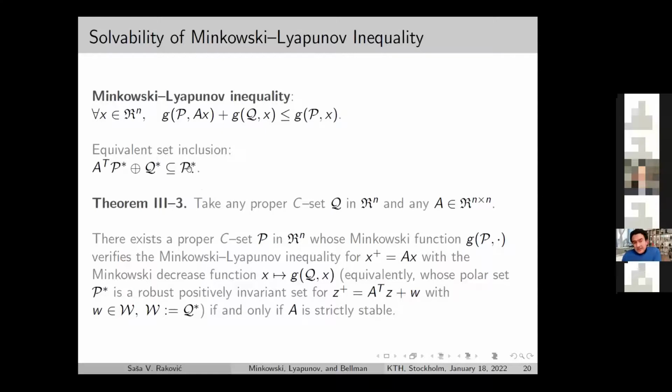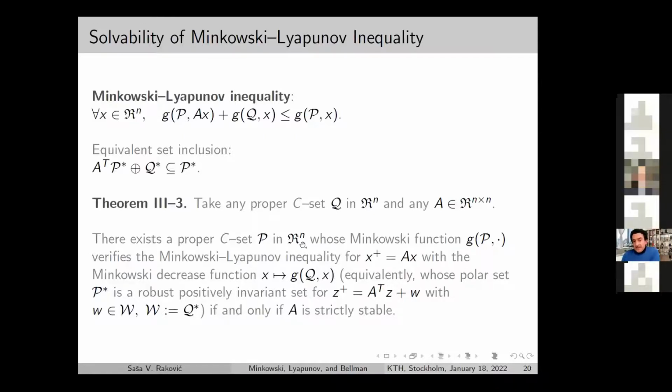And then because these are proper C sets, and because Q is a proper C set, that means essentially H transpose P star is contracted. So you can satisfy this set inclusion if and only if A is strictly stable. So existence of Minkowski-Lyapunov functions with equivalently robust positive invariant set is completely characterized with strict stability of A. So you can make the following statement.